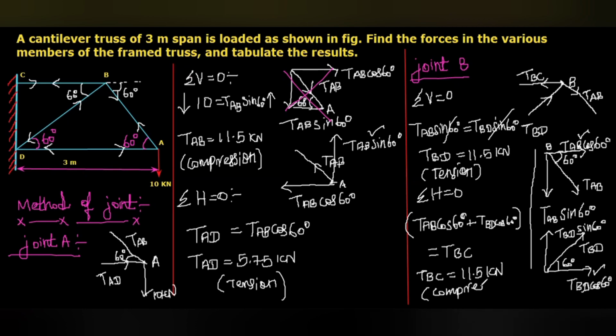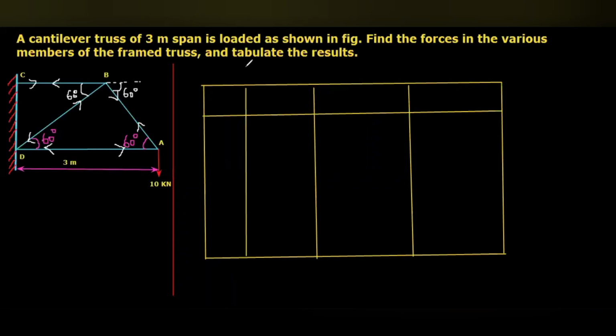Okay, so now all the forces we calculated. Then we are going to substitute them into the force table. Finally, the force table. That means we are going to tabulate the results.